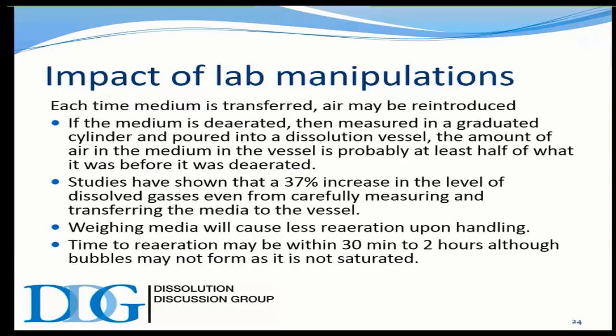One of these suggestions that I think Ken and I have both used historically is weighing media. This is basically a single transfer step. You can place media directly into a vessel on a top loading balance and get very accurate weights. It's always been very helpful when you're measuring surfactants, especially because it's so accurate. Less manipulation will mean that the efficiency of your deaeration process is maintained.